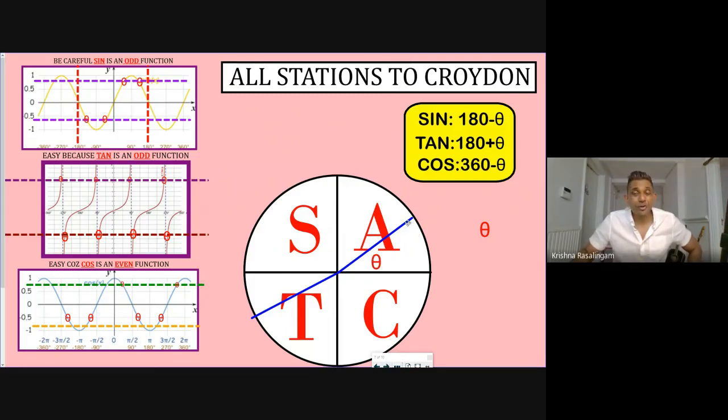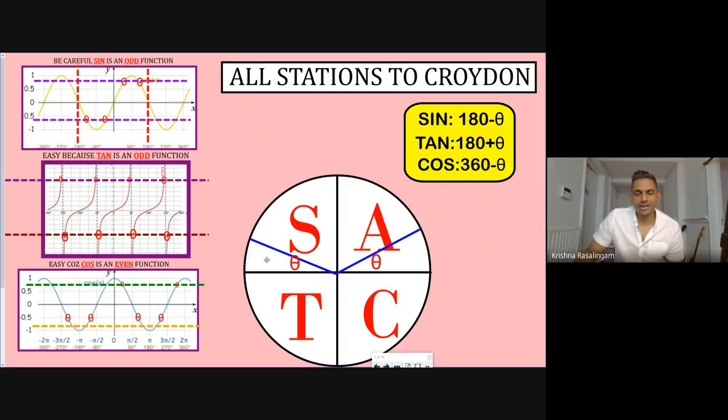Then I always measure anti-clockwise. If I'm dealing with sine, that would be there. That's my original angle, and this would be my second one.